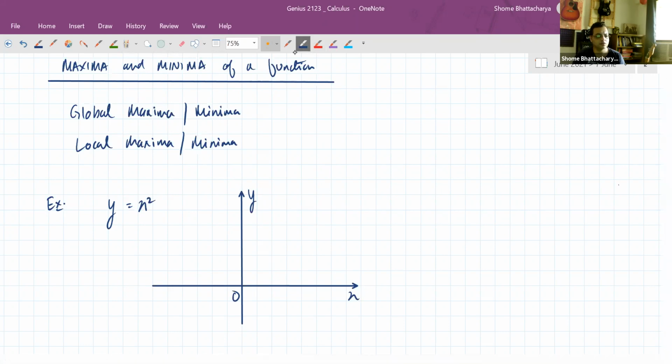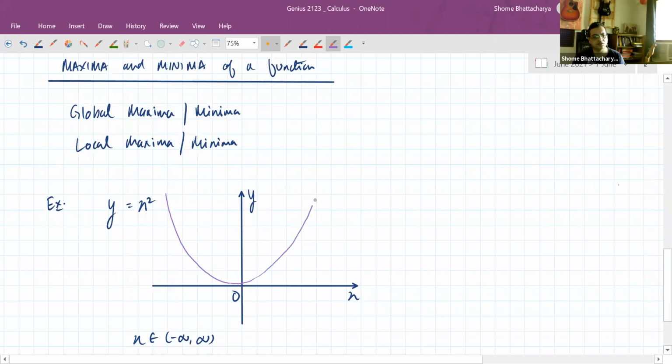So here, if I take x belonging to -infinity to infinity, then the graph of the function is roughly something like this. So this will imply that y belongs to the set of [0, infinity).